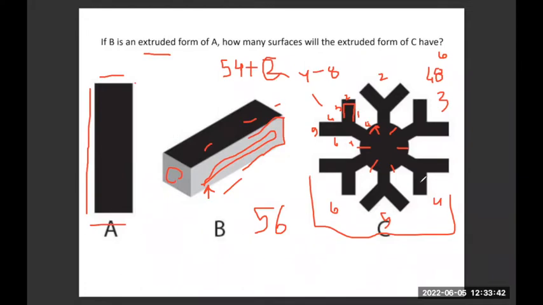The lines will become the third-dimensional z-axis surfaces, so that you get the surfaces plus the top surface and the bottom surface, which is what the black color is seen here and here. So that's why the total number of surfaces in the shape that will be formed by extruding the shape C is 56. Anybody has any doubt here?